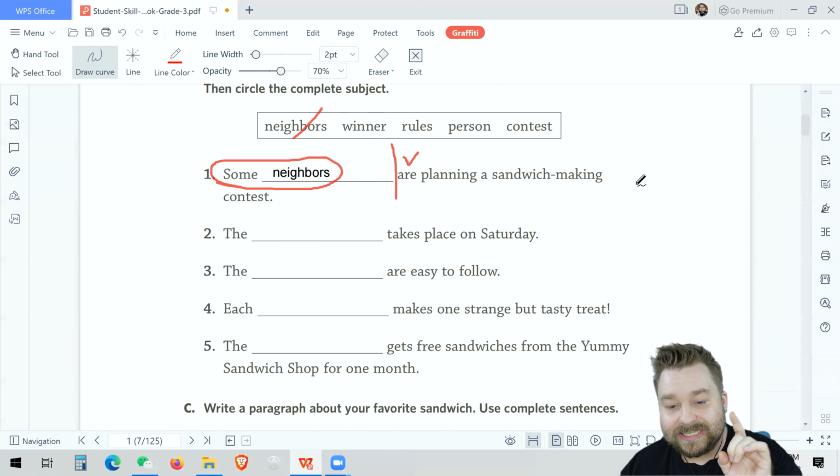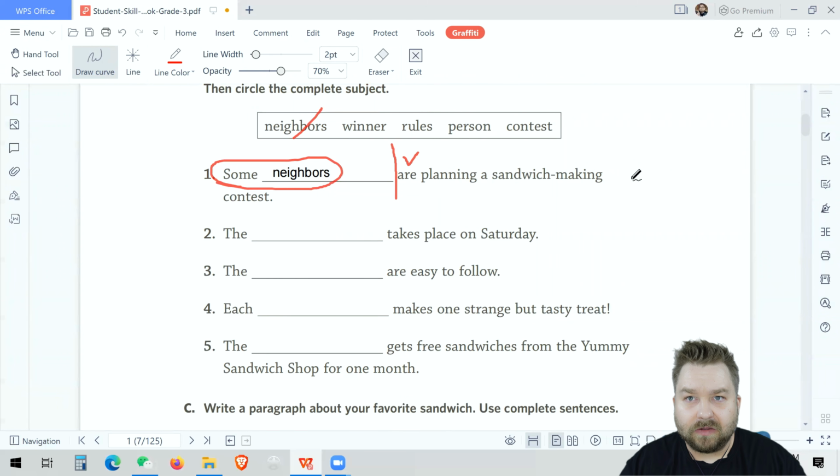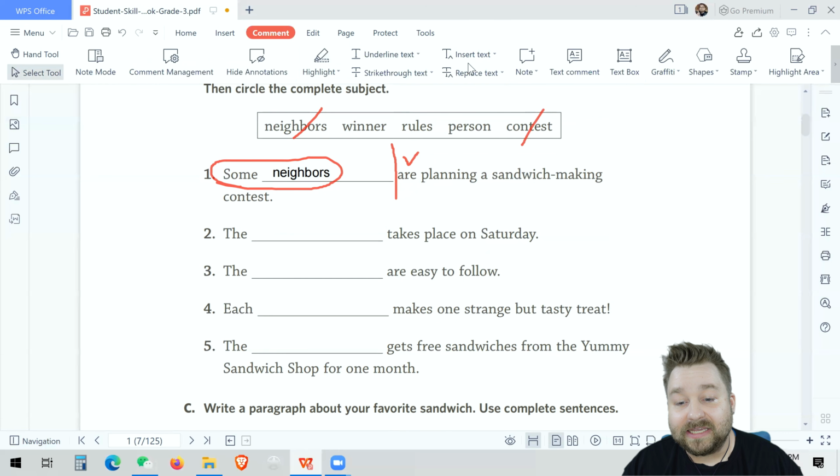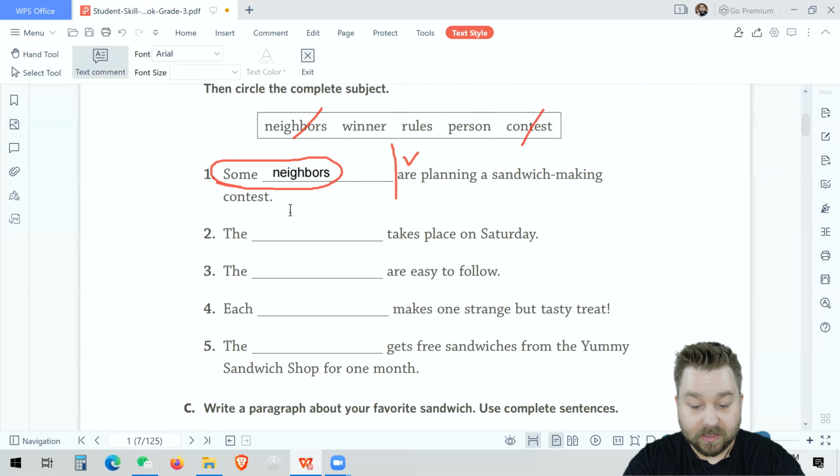Number 2. Neighbors is gone. The takes place on Saturday. Well, what takes place? The winner takes place? The rules take place? The person takes place? The contest takes place. What could take place? The contest. Yeah. So let's write that in there.